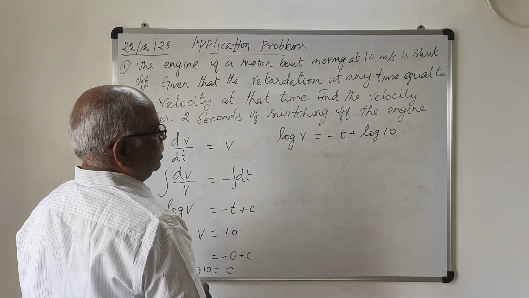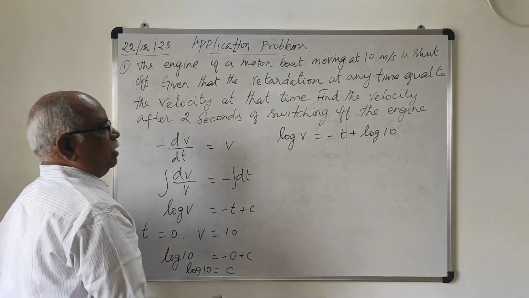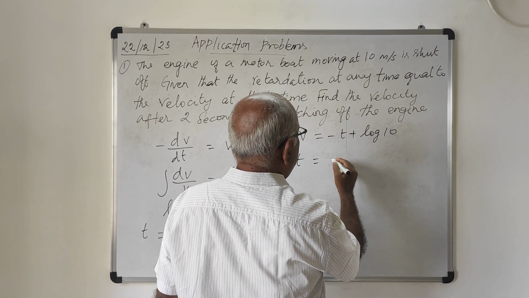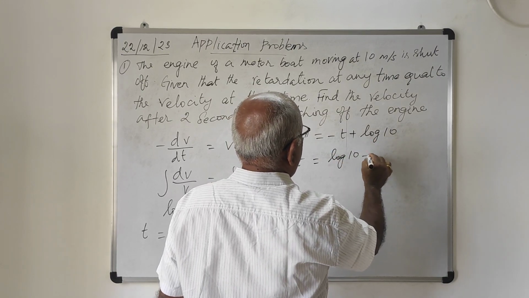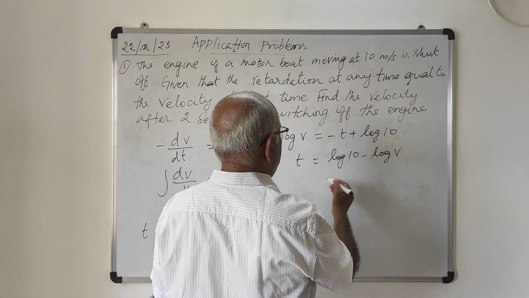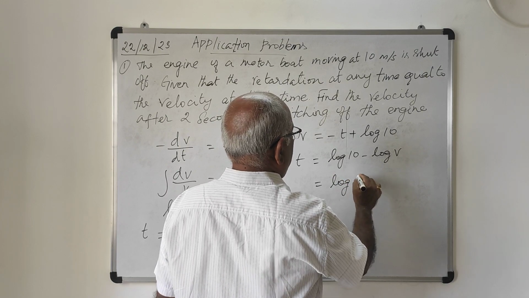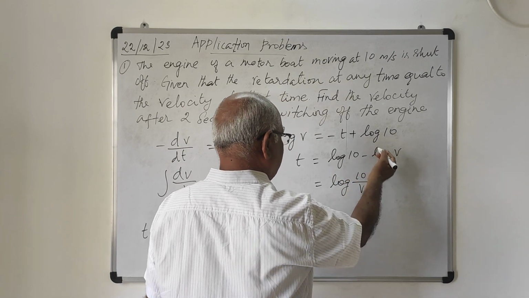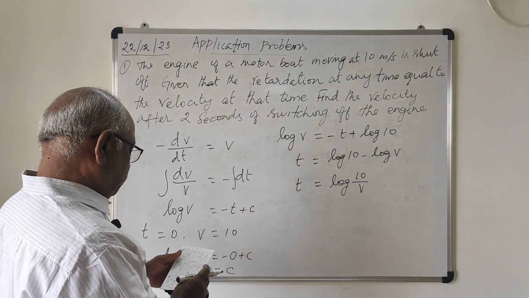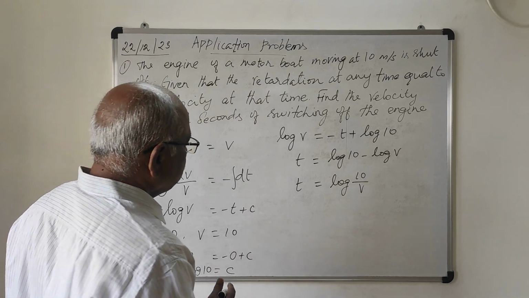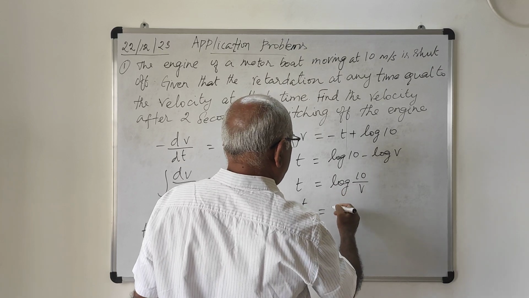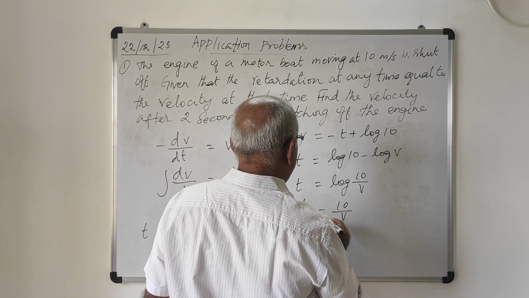Bringing t to the left hand side, t equals log 10 minus log v, that is, log of 10 by v equals t. Now e power t is equal to 10 by v.